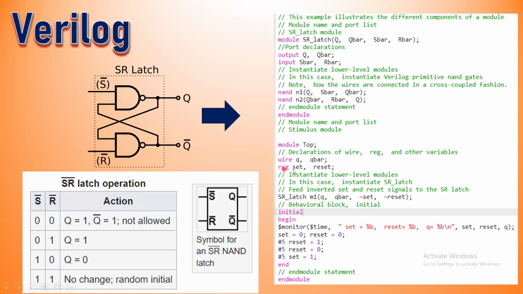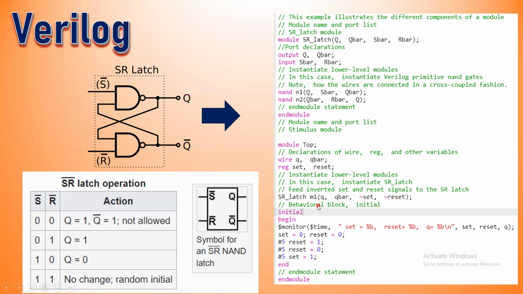Can I write this inverted set and inverted reset right here instead of set reset? And simply then here I would keep them as they are, what you are seeing here. So basically I am providing inverted logic to the input side.